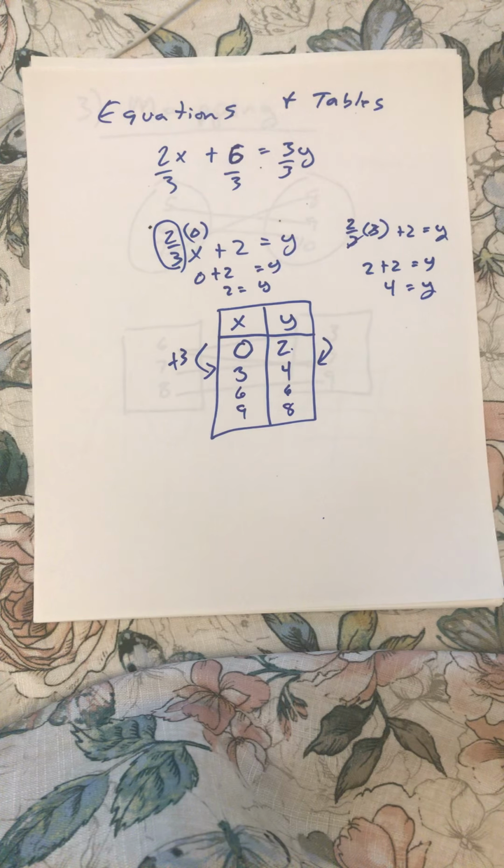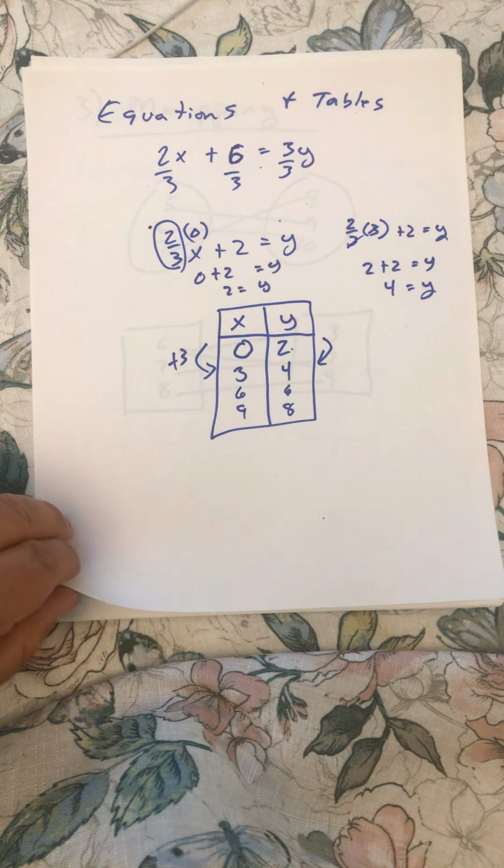I can come up with the numbers for 2 and 3, but our y's are going to have fractions in them or decimals depending on how you convert it. But that's an easy way to fill out a table. Again, tables and equations usually correlate with a real world scenario, which we don't have right here. It's just an example.